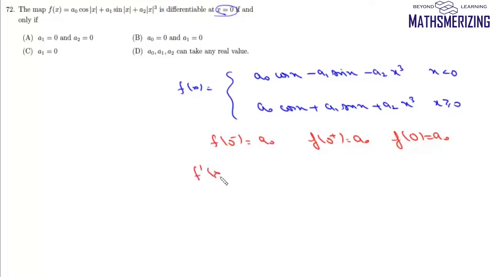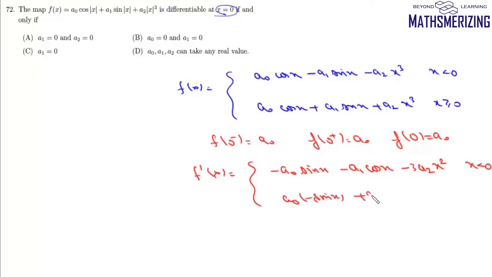Now we will differentiate this function. We can write this as minus a0 sin x minus a1 cos x minus 3a2 x square when x is less than 0, and it will be minus a0 sin x plus a1 cos x plus 3a2 x square when x is greater than 0.